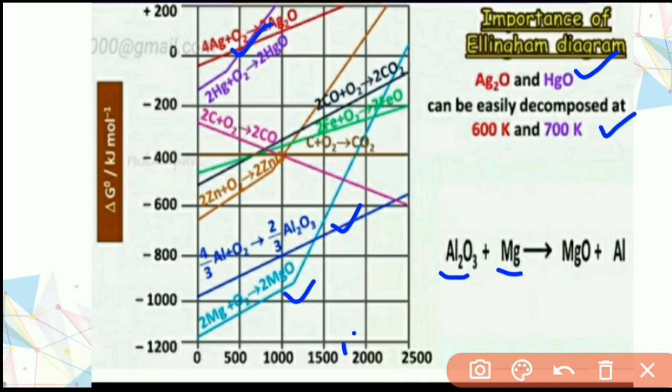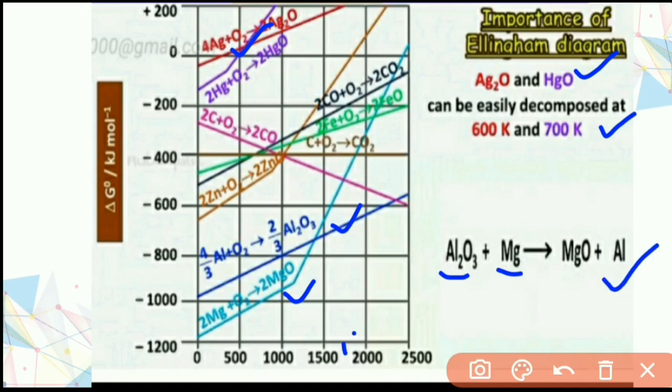So thus del G of the reaction is negative. Therefore below 1623 Kelvin magnesium can reduce aluminum oxide to aluminium.